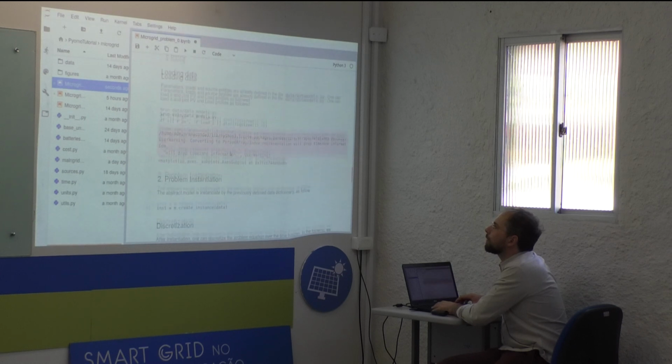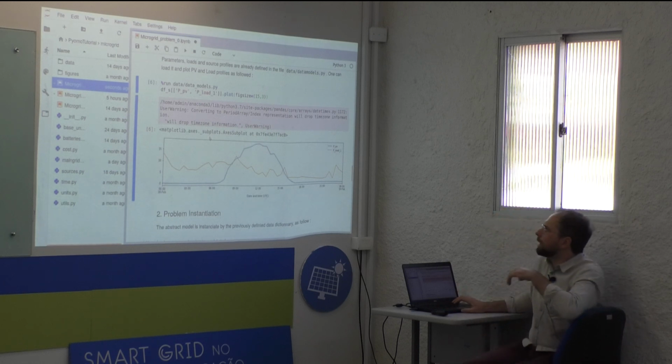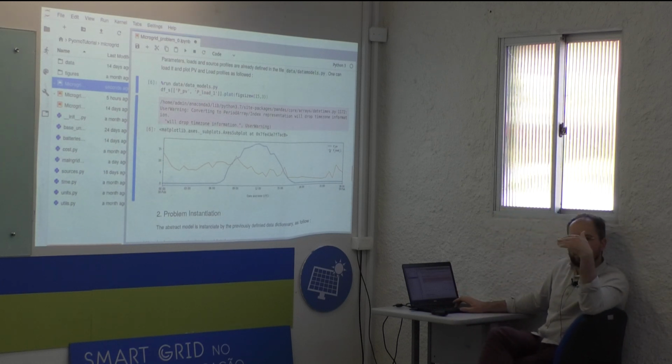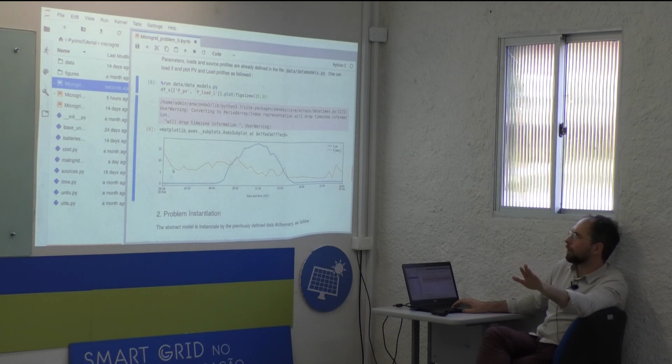Okay. And now we saw here yesterday, I guess, that we needed some data. So the data basically are the forecast of the consumption. So here, in the following horizon, I know more or less that my consumption will be in orange, more or less constant. And I know that my production will be in blue.